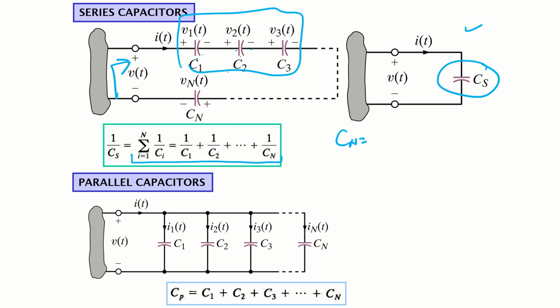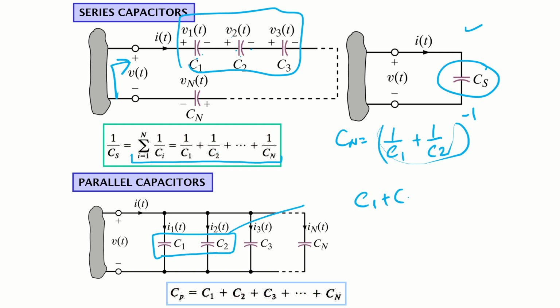So we will use the opposite here. If two capacitors are in series, I will do 1 over C1 plus 1 over C2, inverse, the opposite of resistors. And if two capacitors are in parallel, the net capacitance will be just the sum of those, like we did for series resistors.